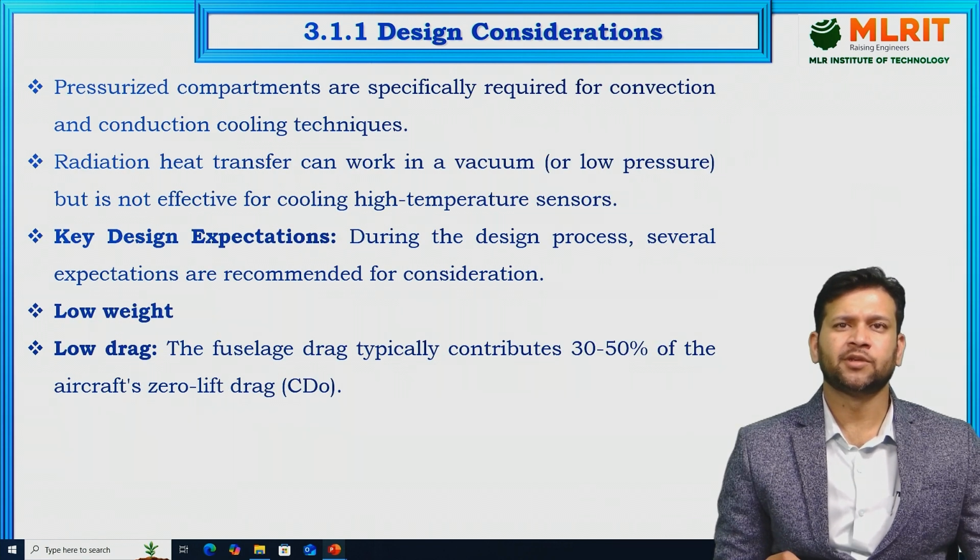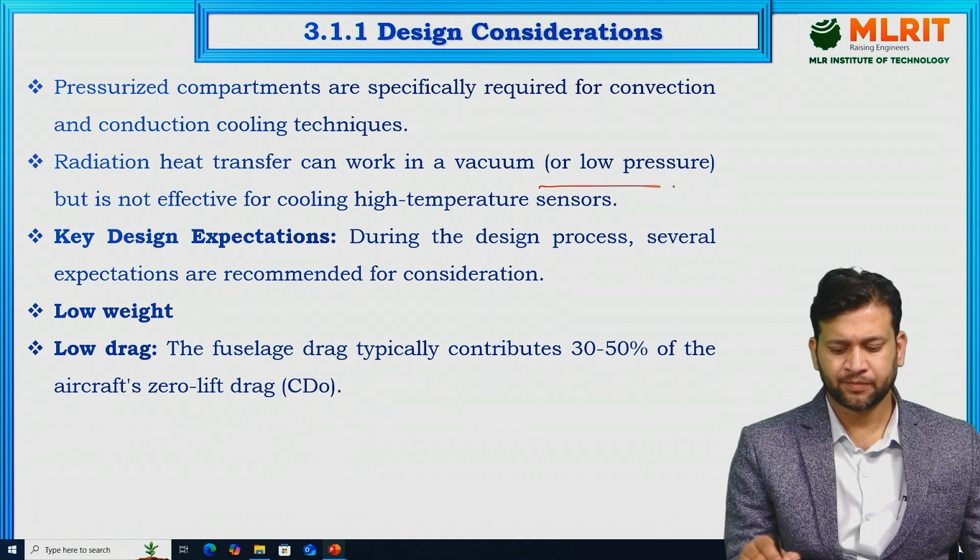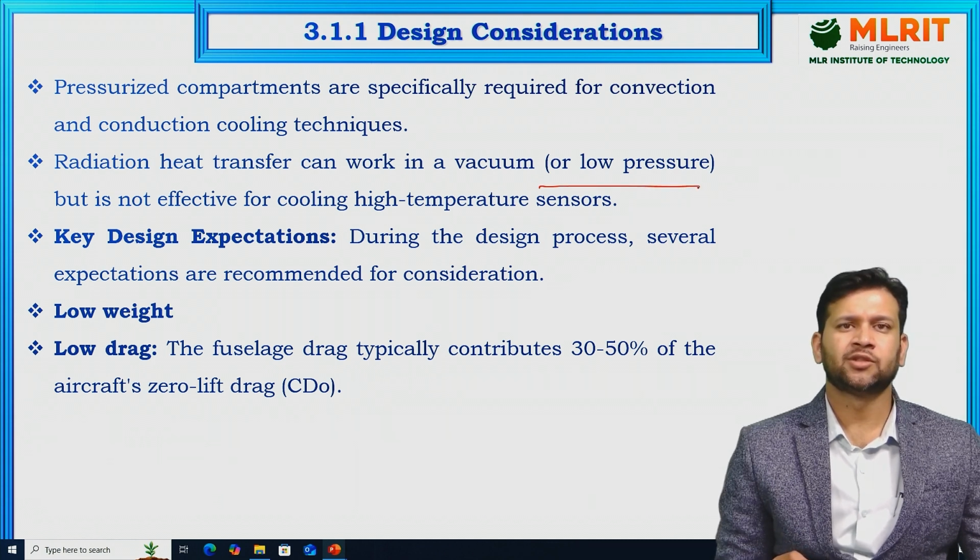Pressurized compartments are specifically required for convection and conduction cooling techniques. Radiation heat transfer can work in a vacuum or low pressure, but it is not effective for cooling a high temperature sensor.